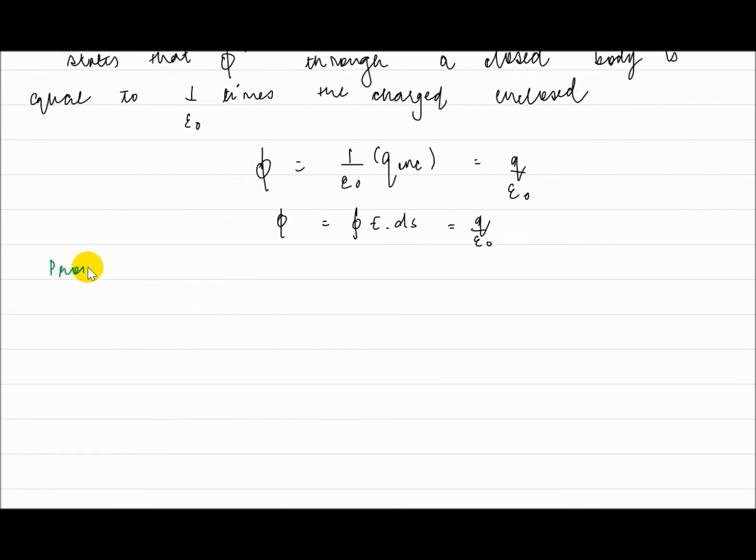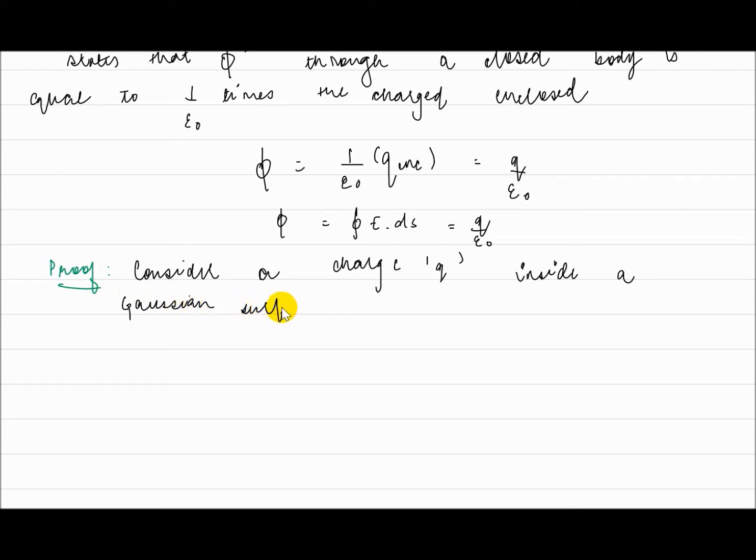So the proof for Gauss law. We'll consider a charge Q inside a Gaussian surface. Gaussian surface is a closed surface, which is a sphere of radius r.